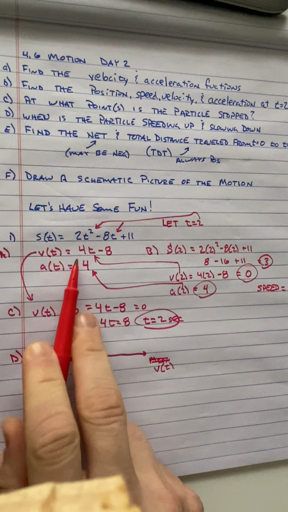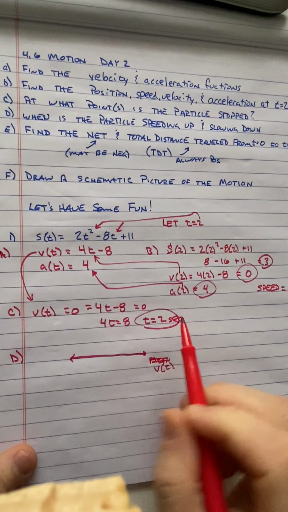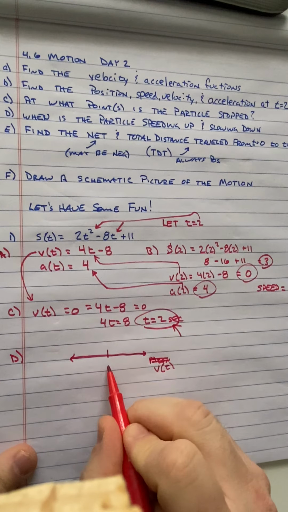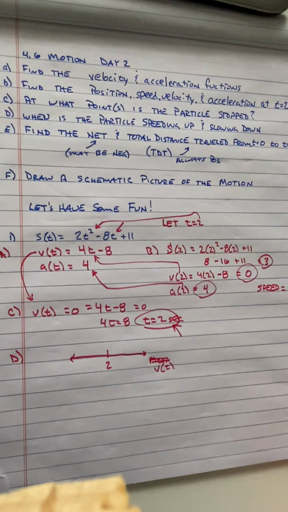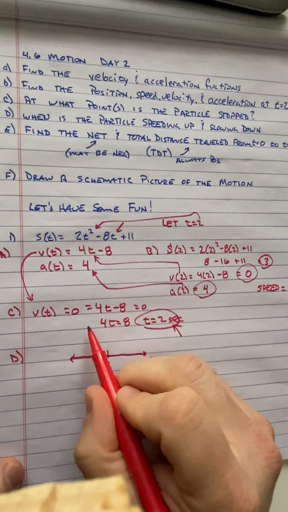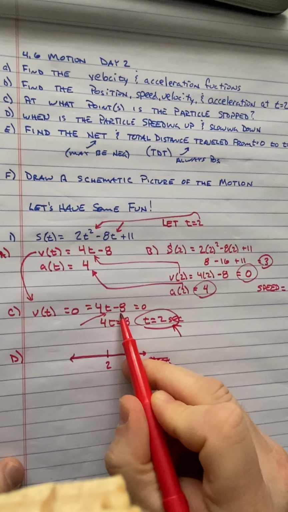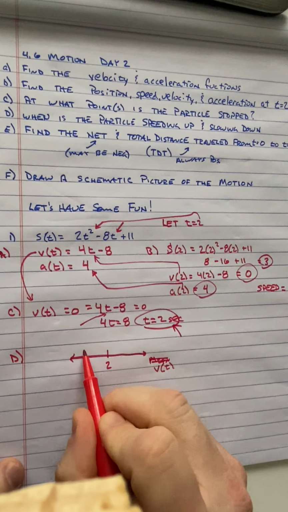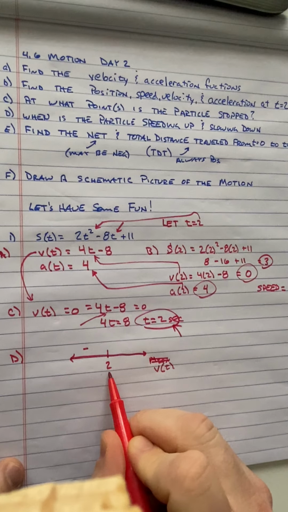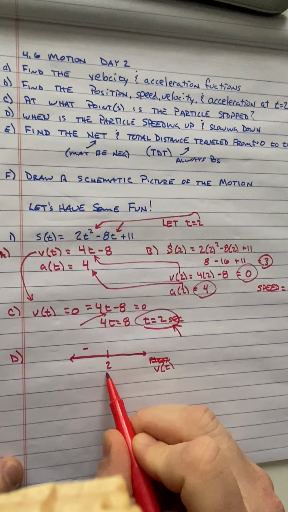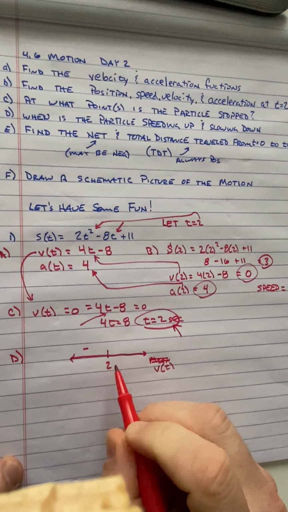We set the velocity equal to 0 to find all the critical values. So this 2 is a critical value. We put it on this velocity testing number line. Then we want to test numbers to the left of it and to the right of it. When you plug in numbers like t equals 0, you're going to get -8. So the velocity is negative leading up to t equals 2. That means this particle is moving left for the first 2 seconds.